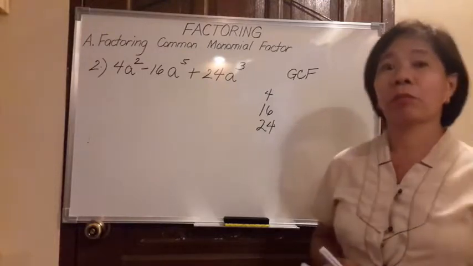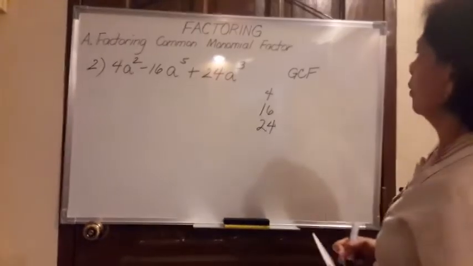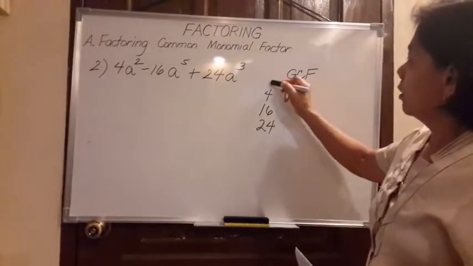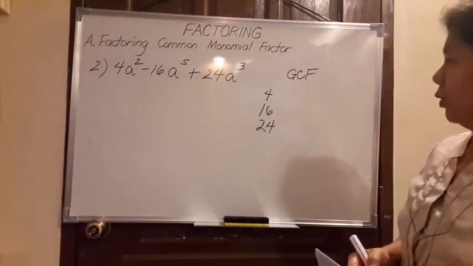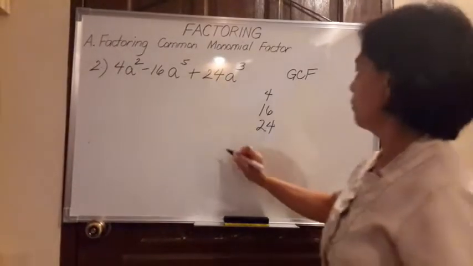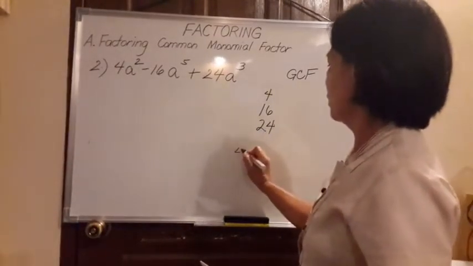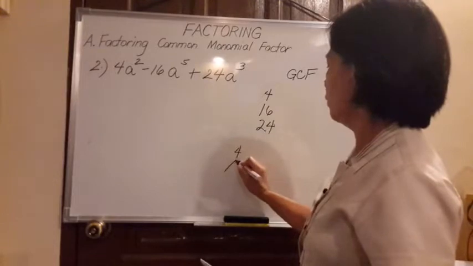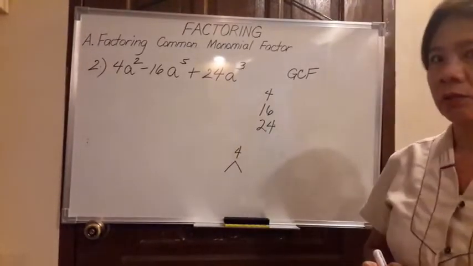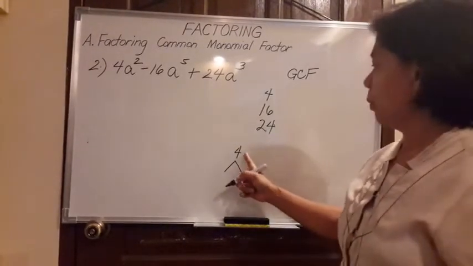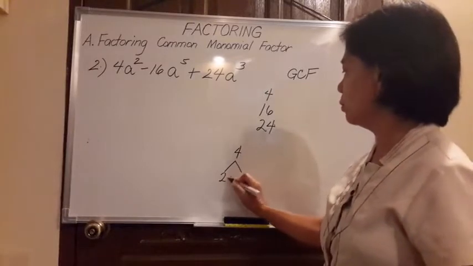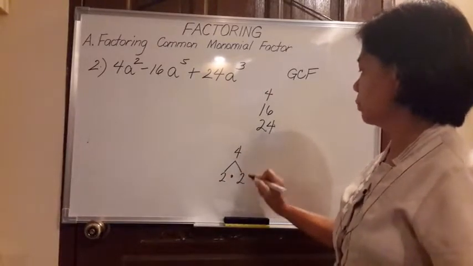Yes, those are prime numbers. So, for the first numerical coefficient, which is 4, using the factor tree for the prime factorization, for positive 4, we have 2 times 2.